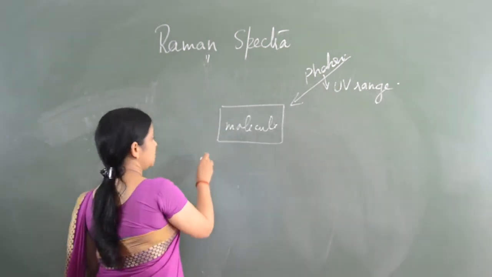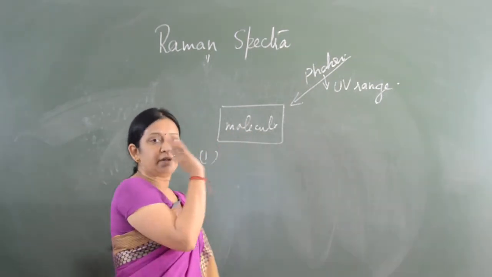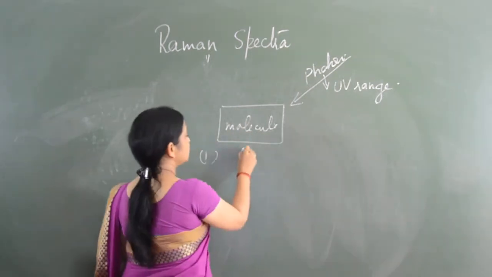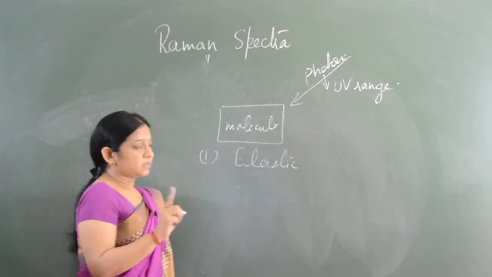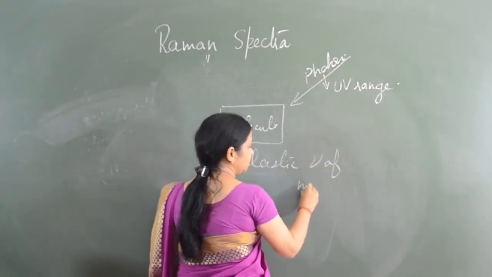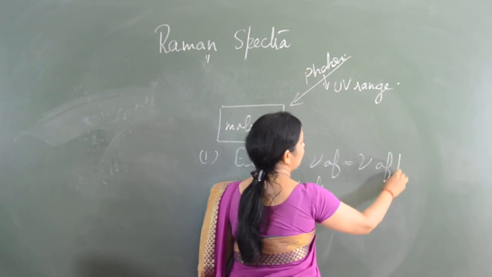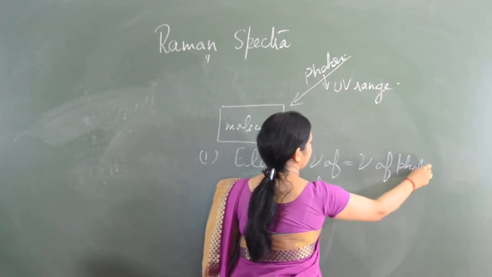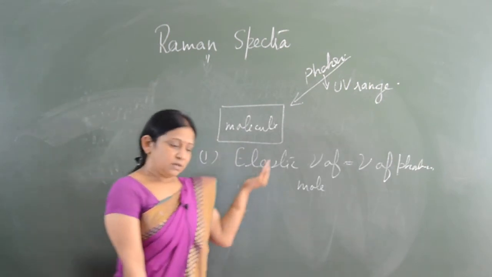The first condition is that the interaction between the radiation and molecule is elastic. When the radiation is elastic, that means the frequency of the molecule and the frequency of the photon is going to be the same after the scattering.